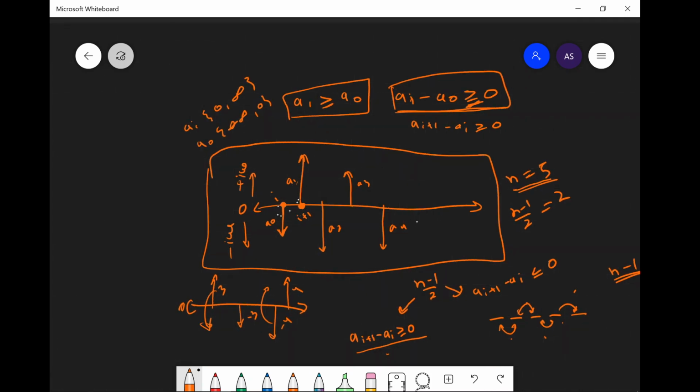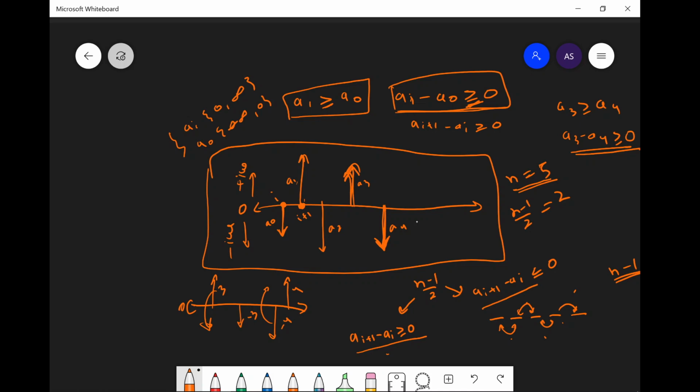That means if we arrange the elements something like this, now let's look at a3 and a4. Since a3 is greater than or equal to a4, as both of them can be 0, then a3 minus a4 would always be greater than or equal to 0. Again the domain is the same: a3 from 0 to positive infinity, a4 from negative infinity to 0, it could take any value, then this would always hold.